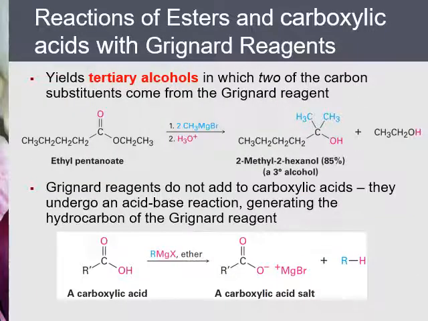Grignard reagent also reacts with esters. Remember, when esters react with hydride, hydride will attack twice. The hydride attacks the carbonyl carbon and forms an alkoxide, and then the alkoxide reforms the carbonyl as the leaving group leaves, forming an aldehyde.